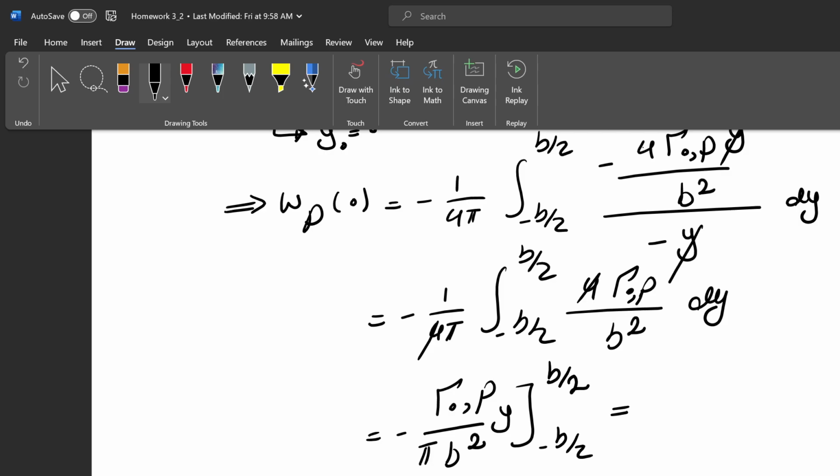which is going to give us negative 2 gamma naught p divided by pi b.